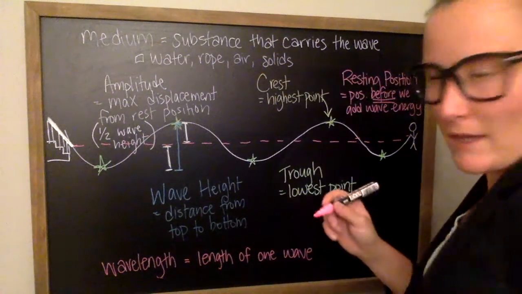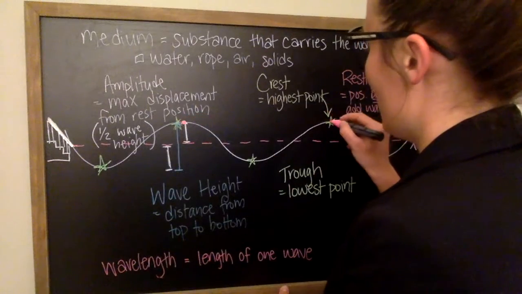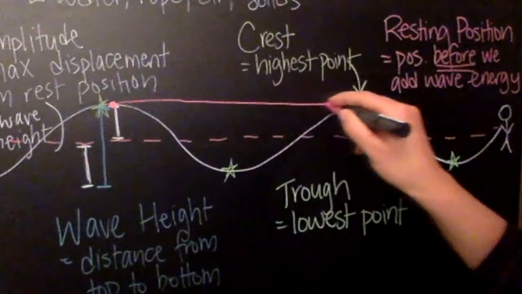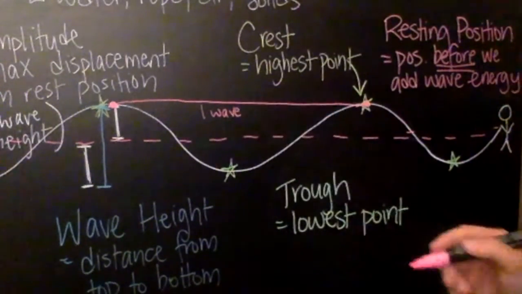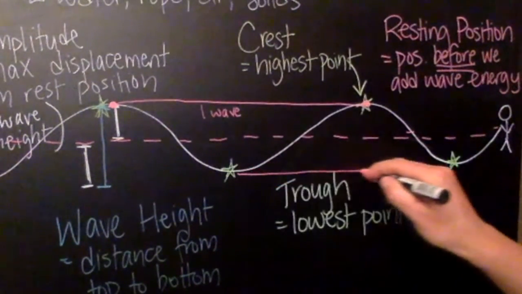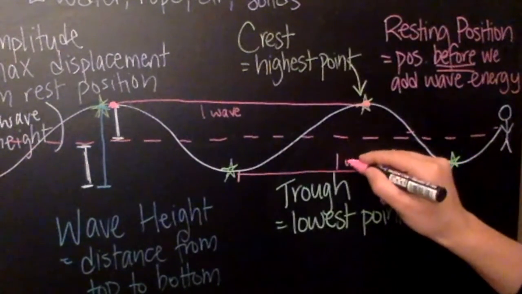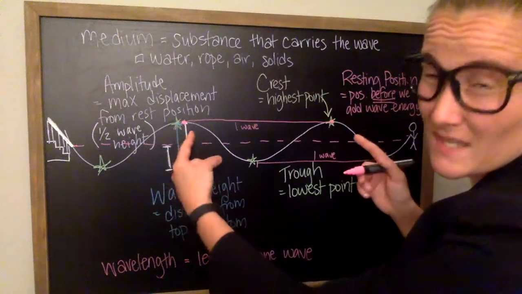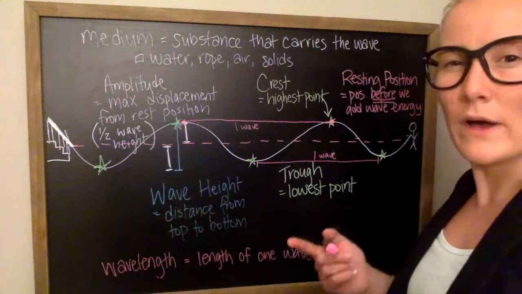And that wavelength is measured from either crest to crest. That right there equals one wave. Or we could even measure it from trough to trough, and that equals one wave. As long as that energy has been able to travel one cycle, we would consider that one wavelength.